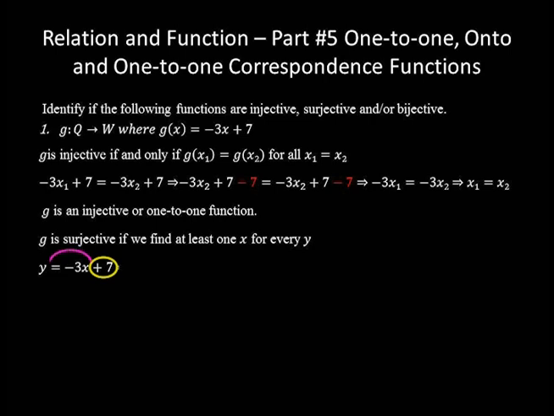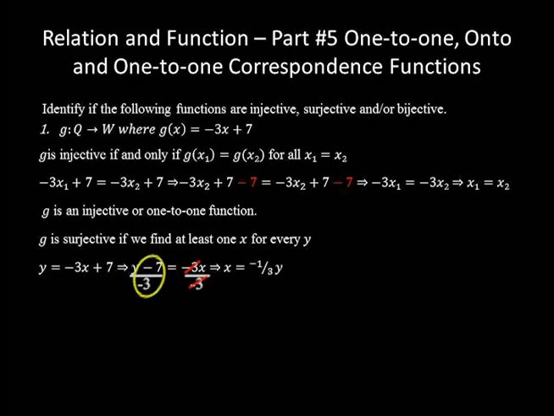So the equation becomes y minus 7 equals -3x. To remove -3 from the coefficient of x, we have to divide both sides of the equality by -3. -3 is crossed out by -3, so we have x equal to (y minus 7) divided by -3, which is -1/3 y.